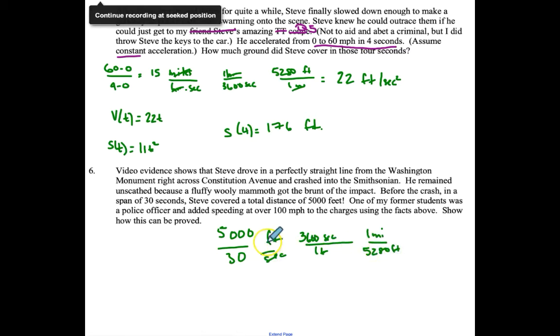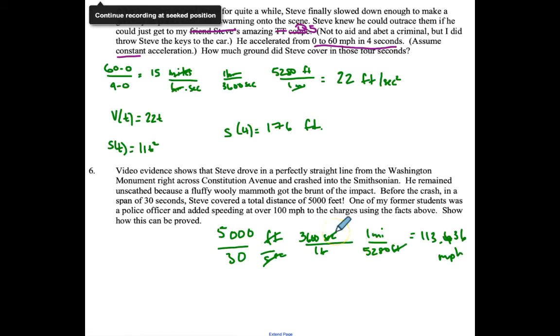And of course, my feet now cancel and my seconds cancel. And I'm going to be left with just miles per hour. And when I simplify everything, I get 113.636 miles per hour.